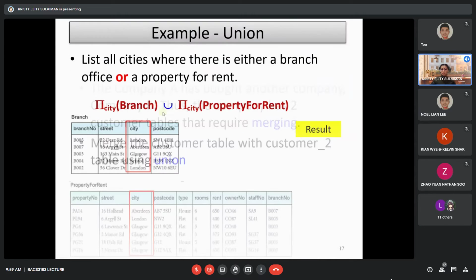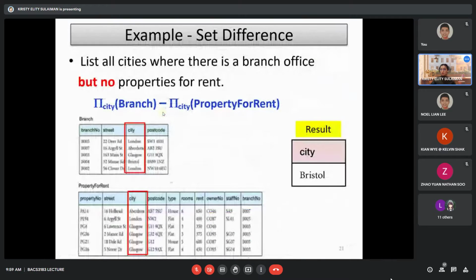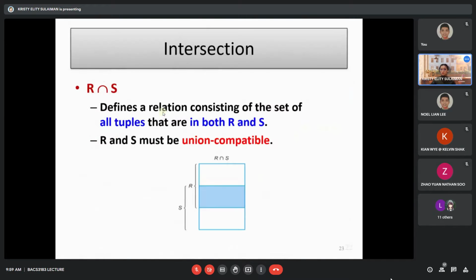For intersection, we want a relation consisting of all tuples, or rows, that are in both R and S.